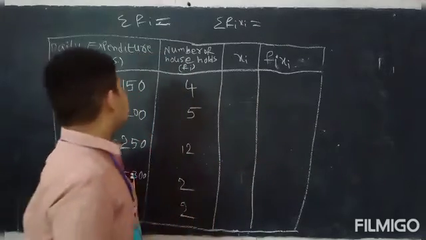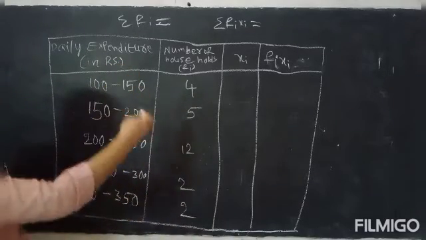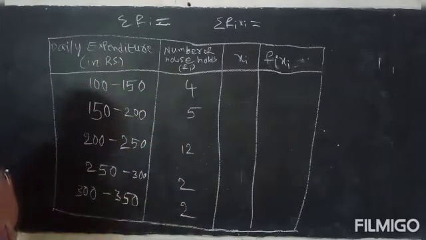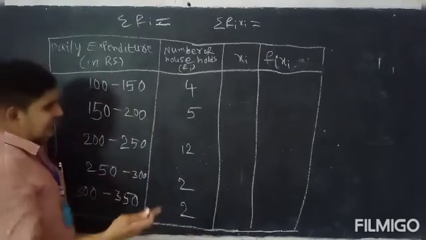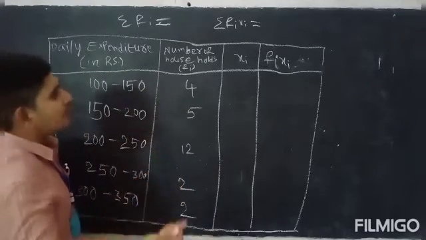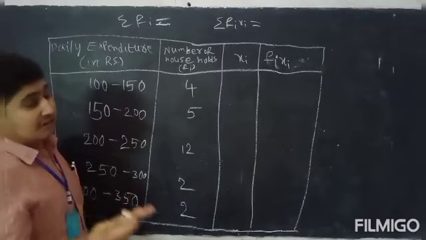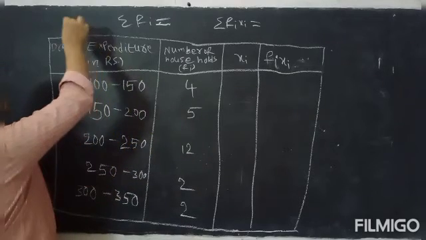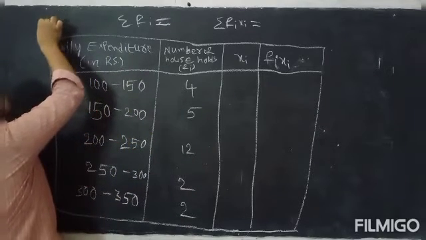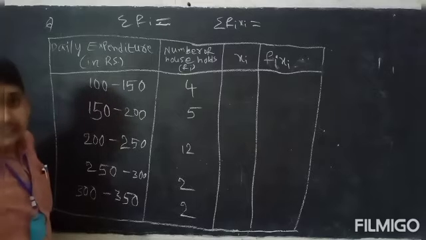Now the daily expenditure is given and the number of households is given. You have to find the mean value. Here we are finding the mean value by using the direct method.